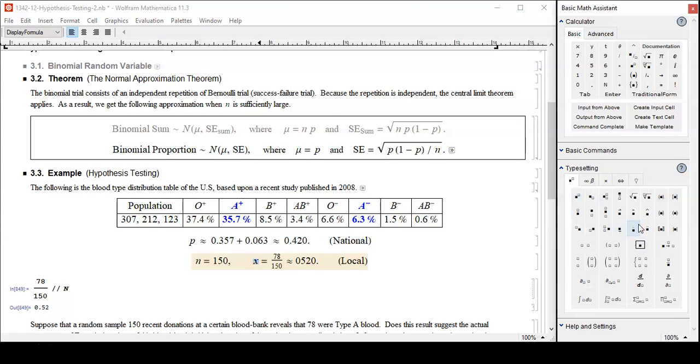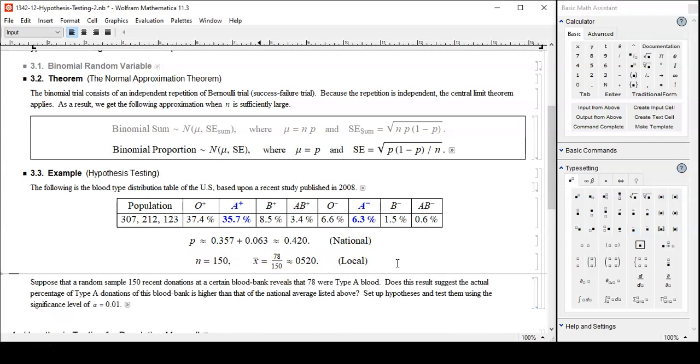Let's put pi in there because it came from a sample. Usually we use a bar for average, but anyway, local versus national. 42% versus 52%. Looks like there's a significant difference between one and the other.